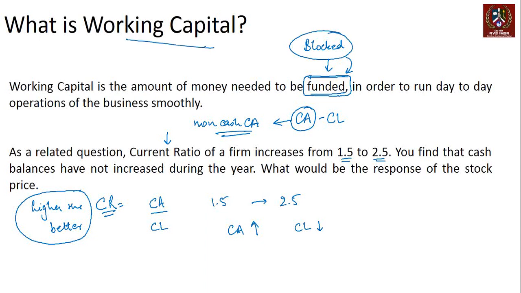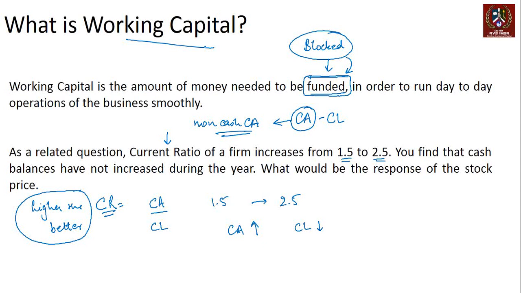We have established the definition that this gives an idea about what money is blocked in the business, and because of that, it is the working capital that needs to be funded in order to run day-to-day operations of the business smoothly, right? That's how we define working capital.